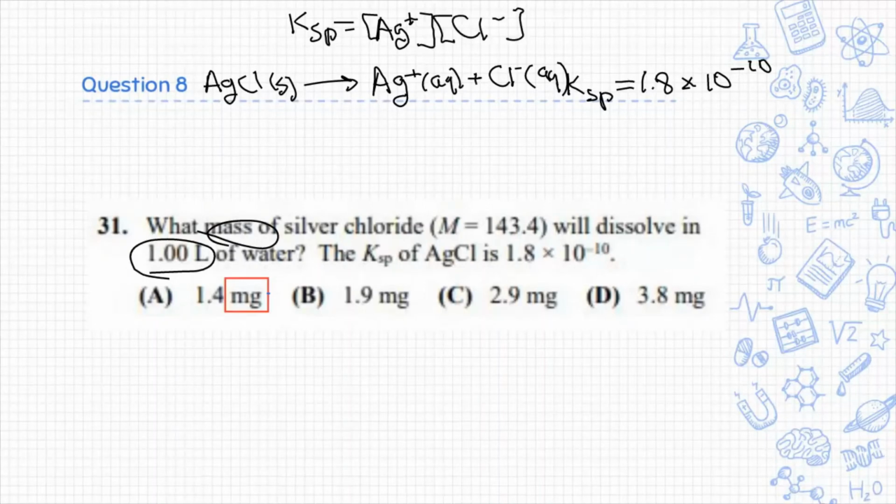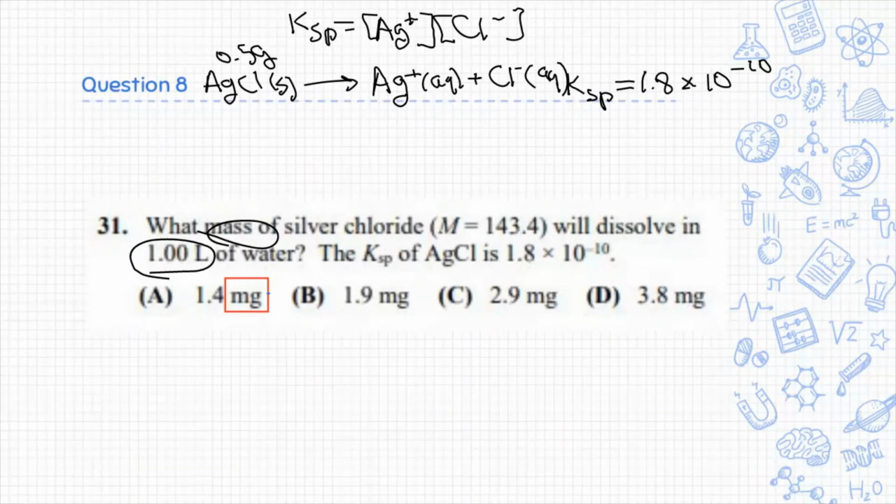Now, it asks for what mass of silver chloride will dissolve. Ignoring the equilibrium constant, this is very theoretical, but if 0.5 grams of silver chloride were to dissolve, then the moles would be equal for both silver ion and chloride ion.